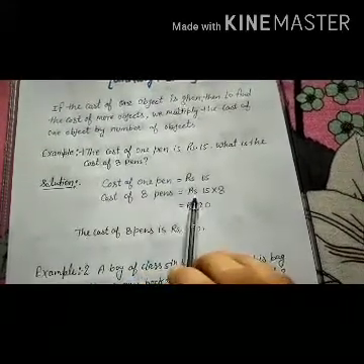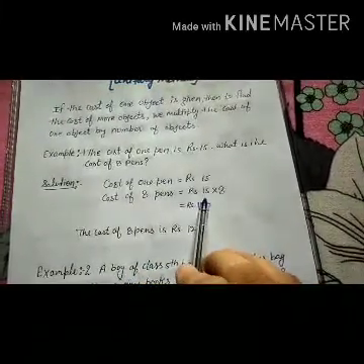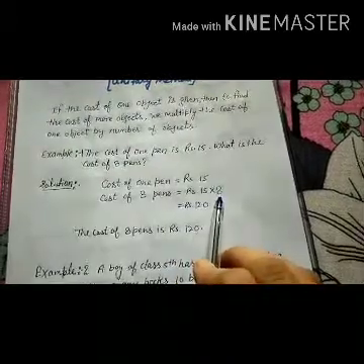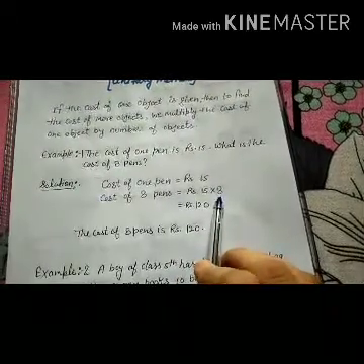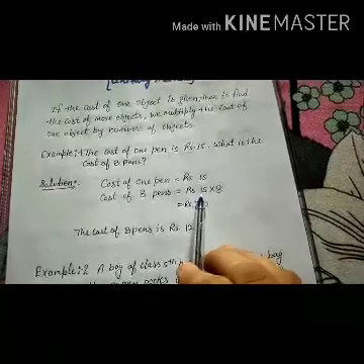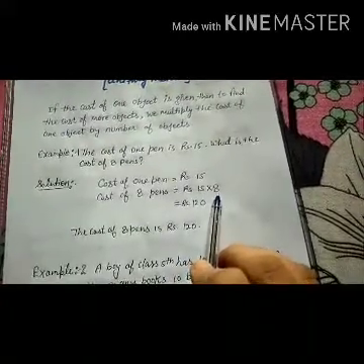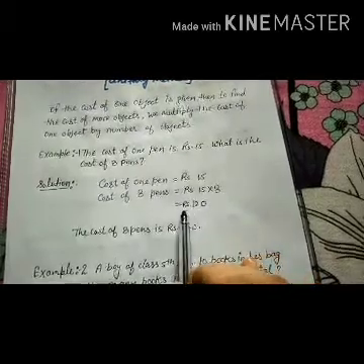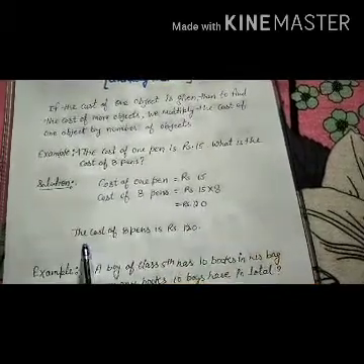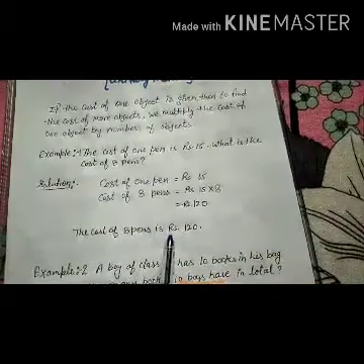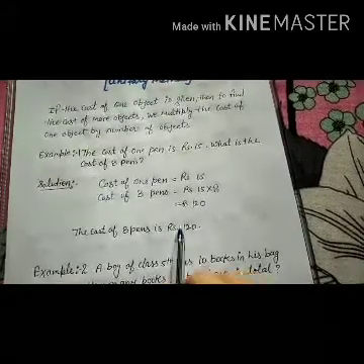So what will we do? We will multiply the cost of one pen by the total number of pens. That means the cost of one object multiplied by the total number of objects. 15 times 8 is 120. So the cost of 8 pens is rupees 120.